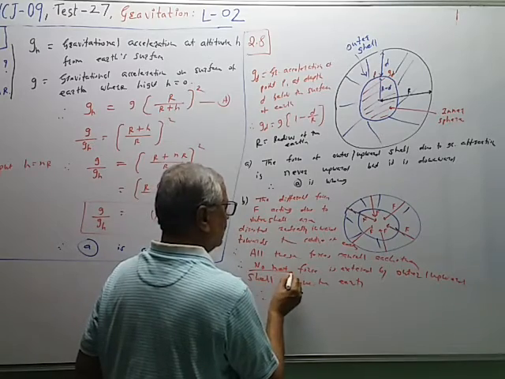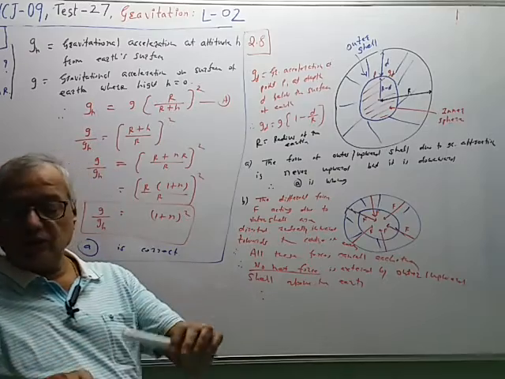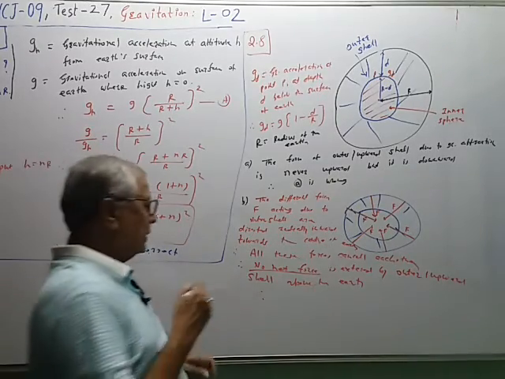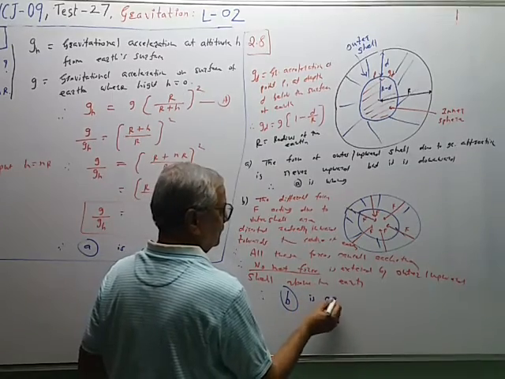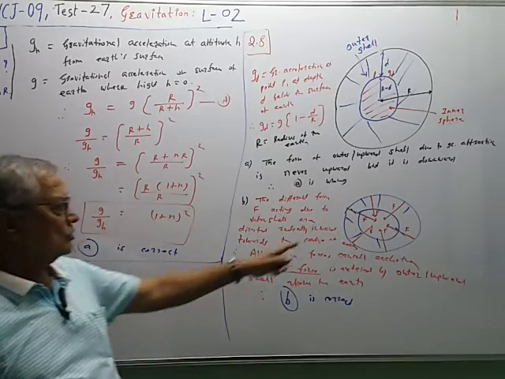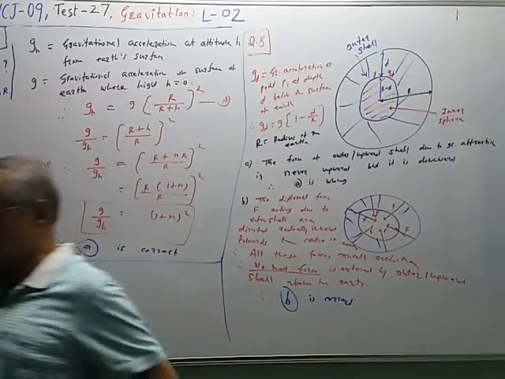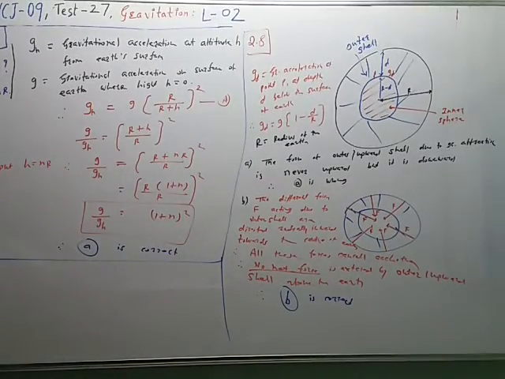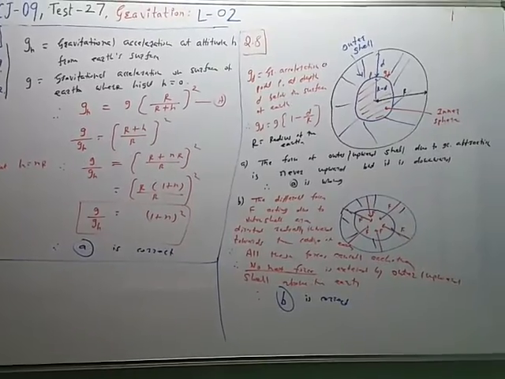There is no net force, and therefore the correct choice is B. B is correct. See these forces. Such forces are called concurrent forces. They are equal in magnitude, opposite in direction, diametrically opposite, like this. So remember this point.